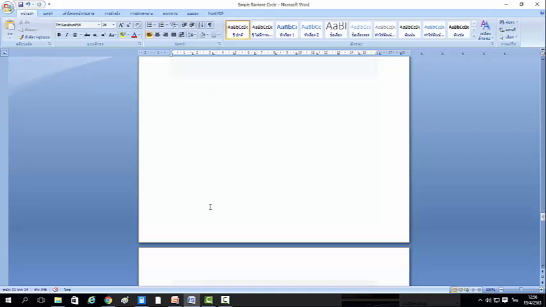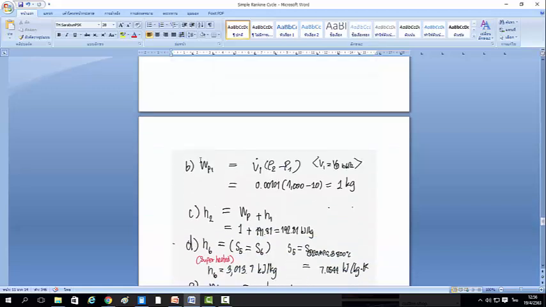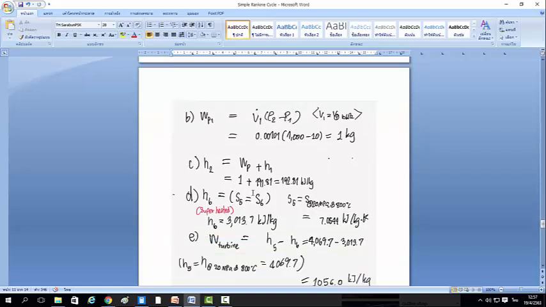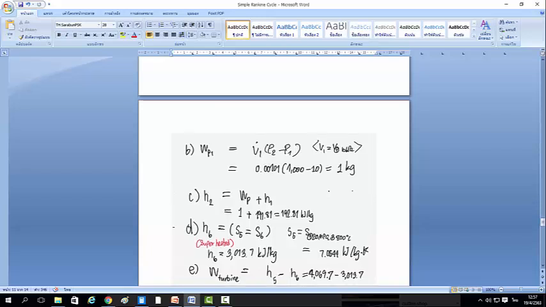And go to B, work pump 1. Work pump 1 is equal to specific volume V1 times P2 minus P1, and we can get the volume from the table.